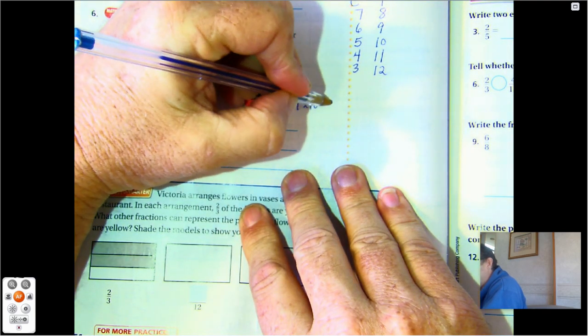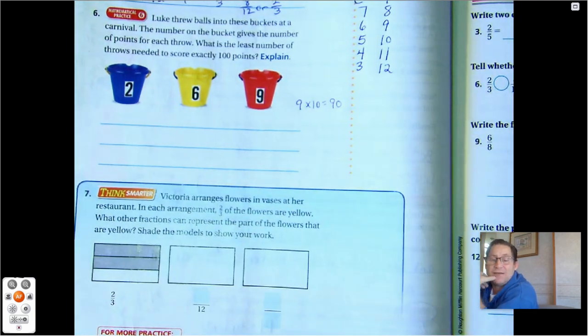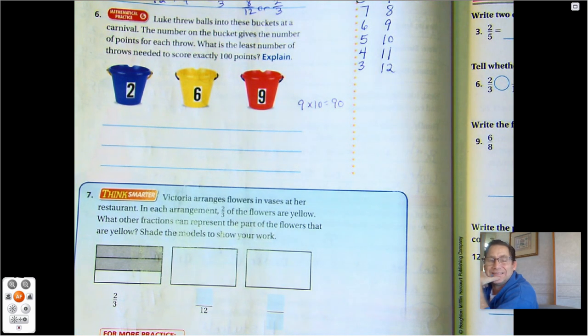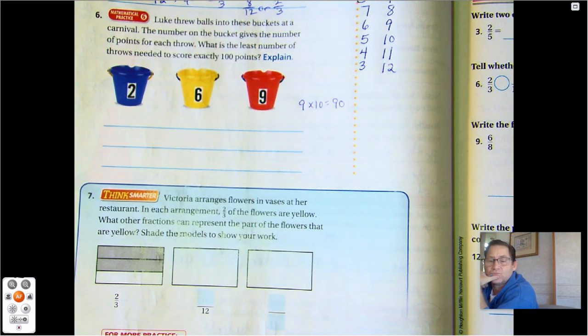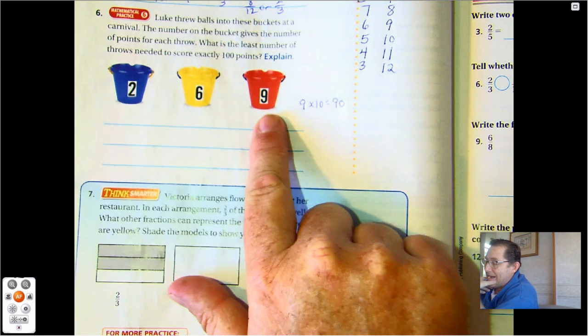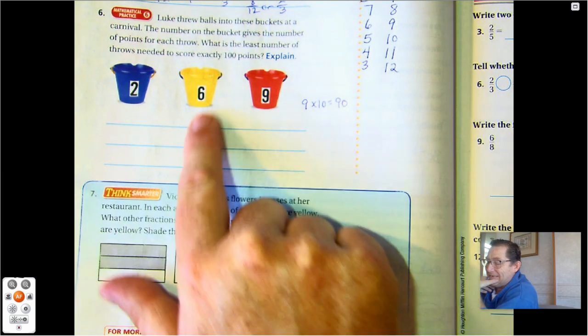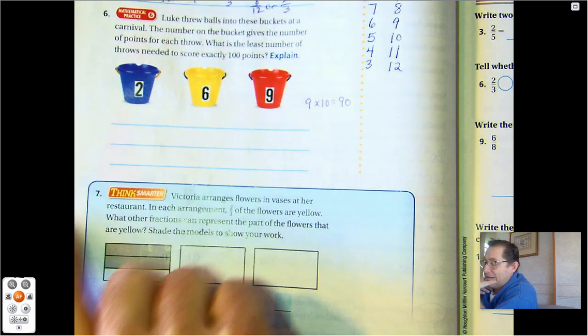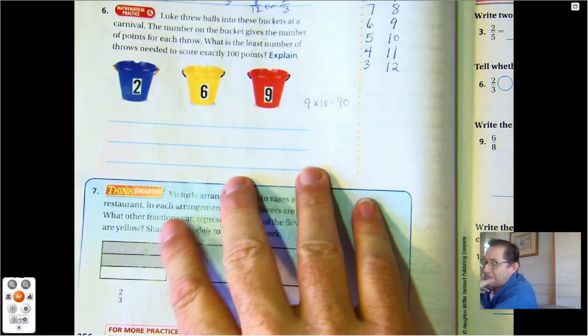And I want the least number of throws. So I can't do another 9 because that would put me at 99, and I can't get 100. So is there a way of making 10 out of the remaining 2 buckets?